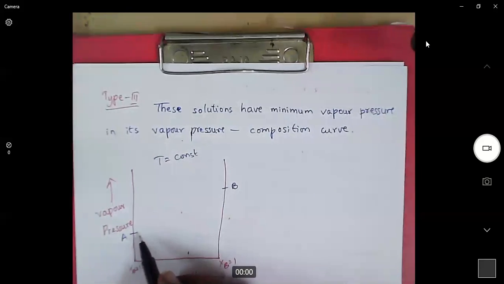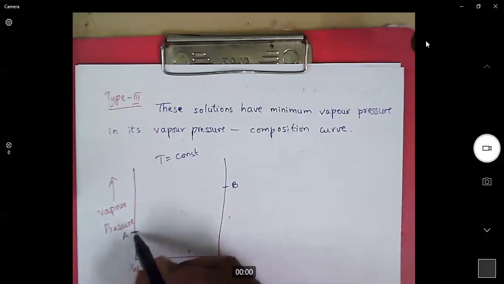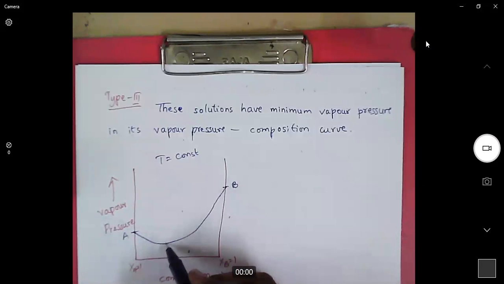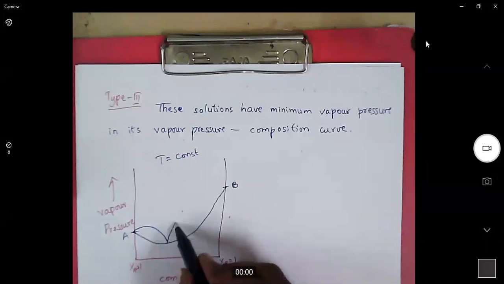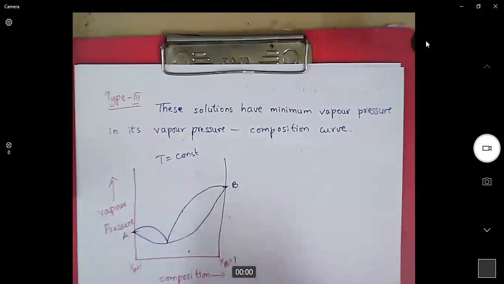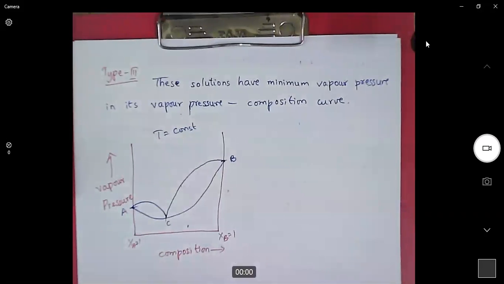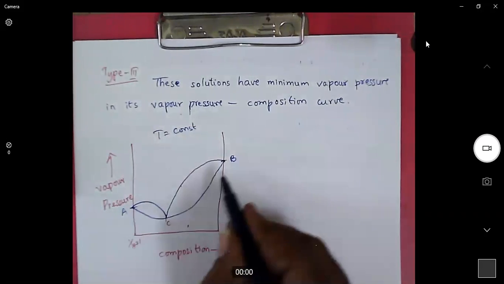So when we mix A and B in a solution, they will show a minimum in the vapor pressure. So this is point C. When we mix A and B liquids, they will show a lower vapor pressure than the individual ones.